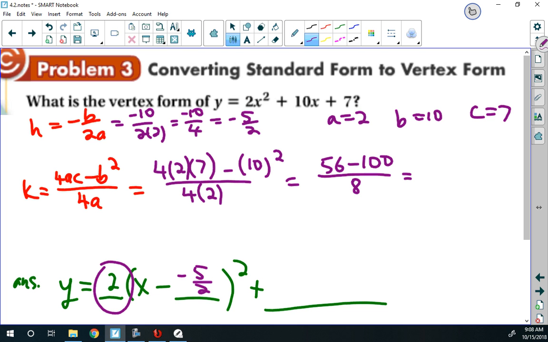So that's going to be negative 44 divided by 8. Those are both divisible by 4. That's going to be negative 11 over 2.